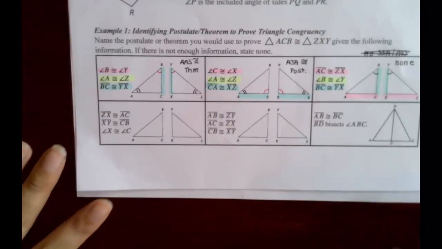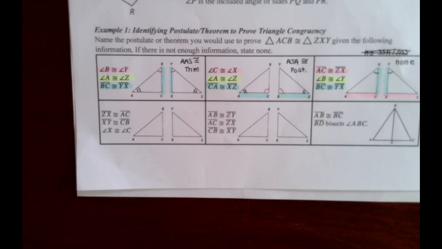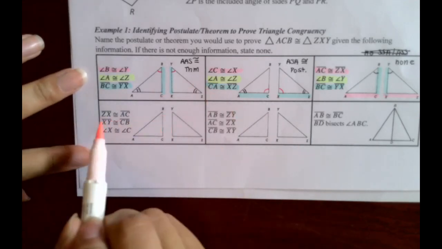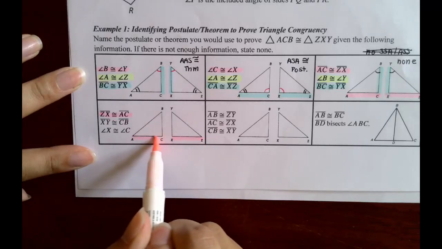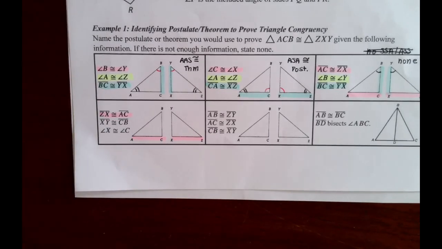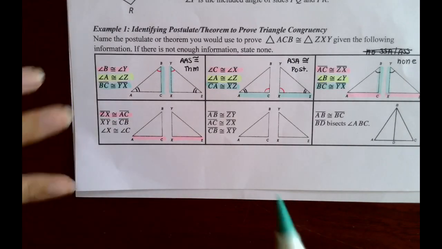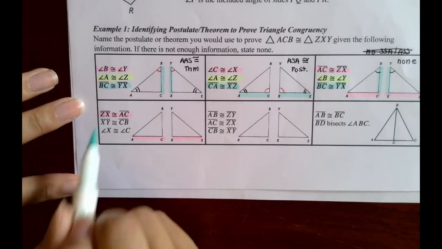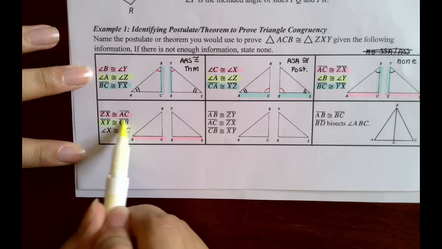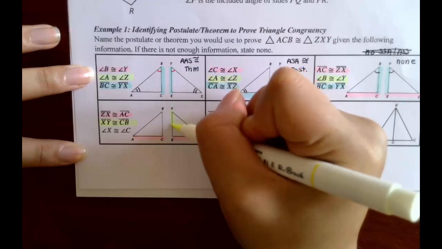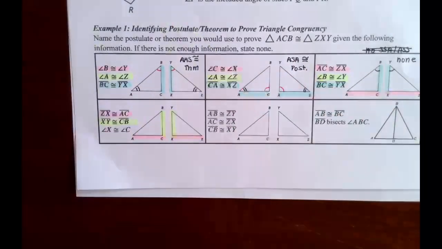Okay. Next one here, we have ZX and AC. So ZX is here, AC is here. Okay. Then we have XY and CB. So XY is here, CB is here.